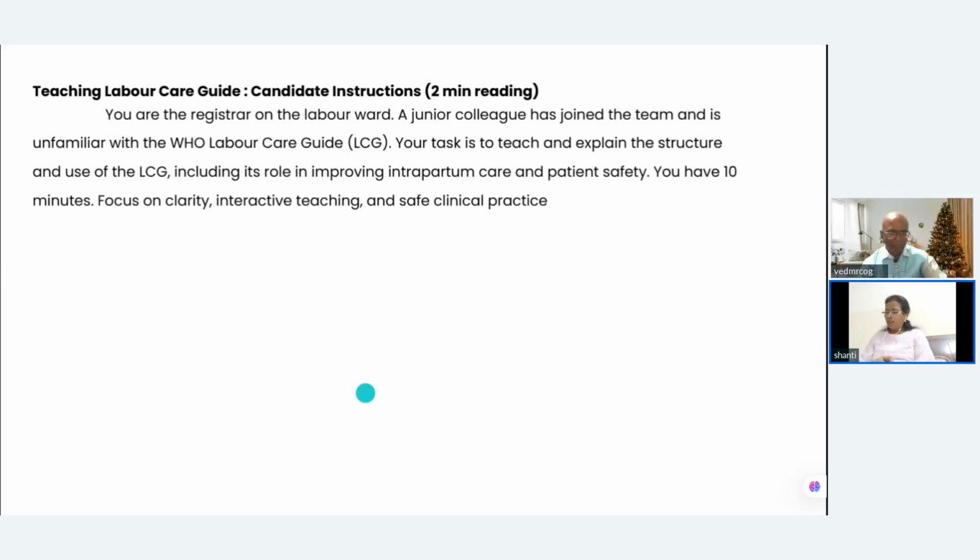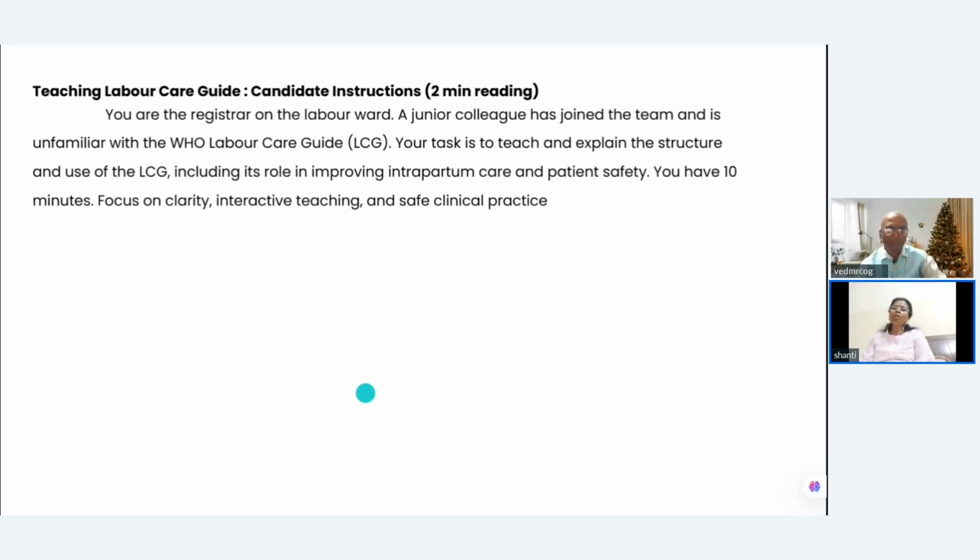Yeah, so John, the importance of this labor care guide is that it is like a legal document which will help us during the progress of labor, and in case of any complaint by the patient, it will act as one of the proofs. Also, it monitors the progress of labor and reduces unnecessary interventions.